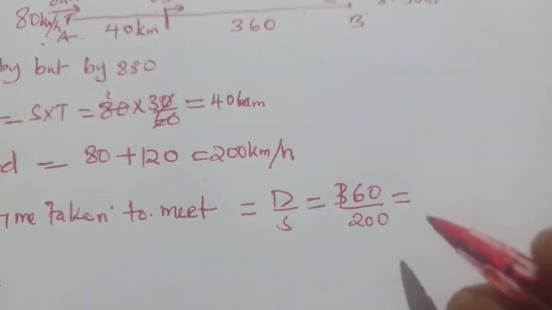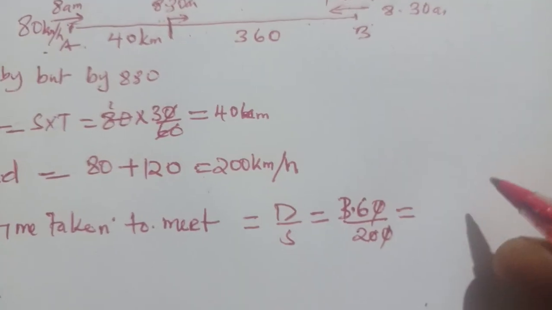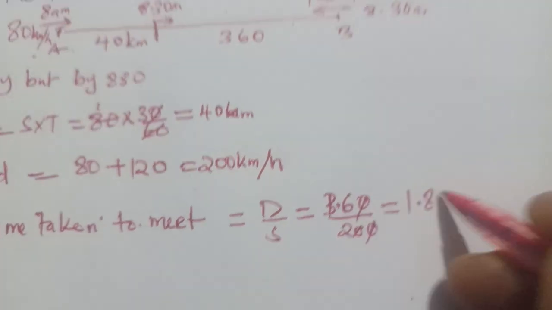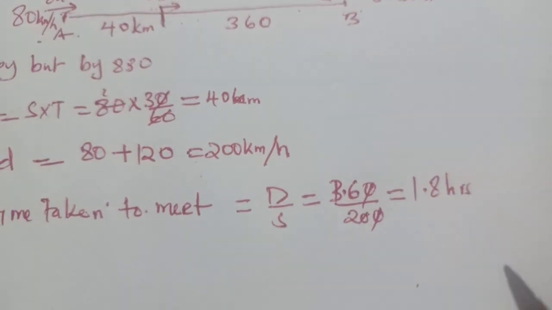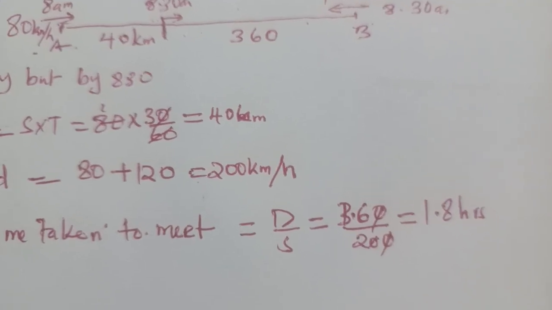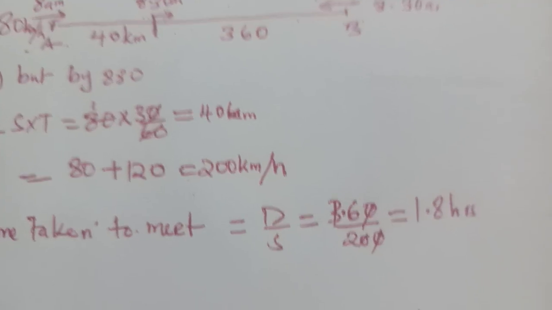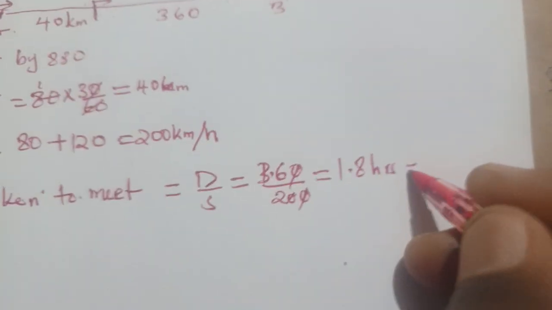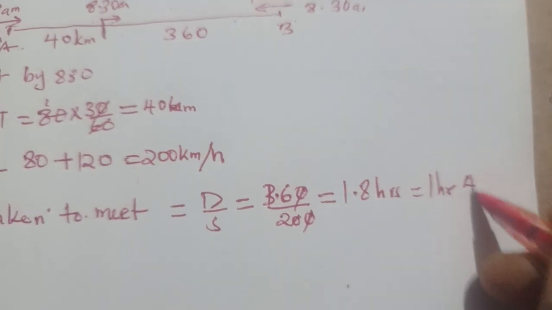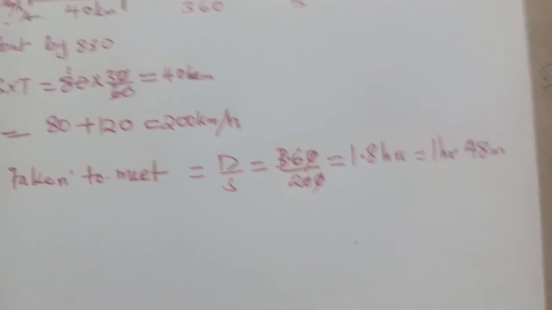And when you divide this, you'll get 1.8 hours, which is essentially 1 hour and 48 minutes. 0.8 of an hour is 48 minutes.